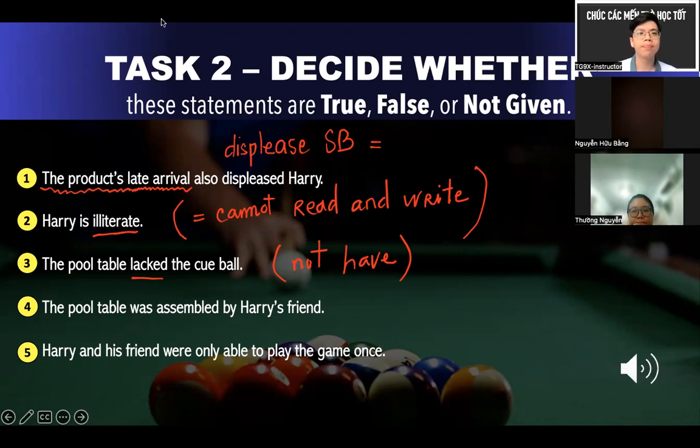Hello, my name is Harry Menzies. That's M-E-N-Z-I-E-S. I purchased a pool table from Excalibur Sports a week ago. Now, I ordered it online last Tuesday, and it arrived only 3 days later. I was amazed and very happy at the speed of service. But then the problems started, unfortunately.